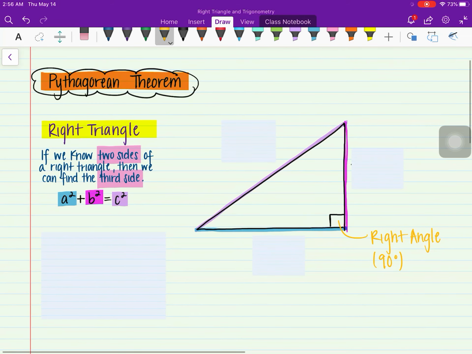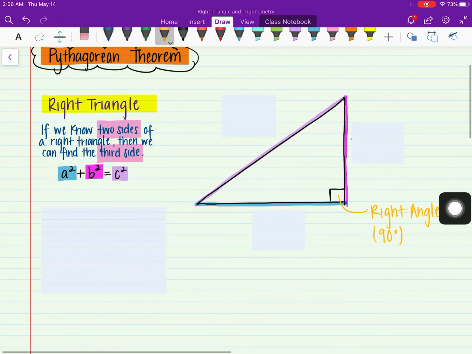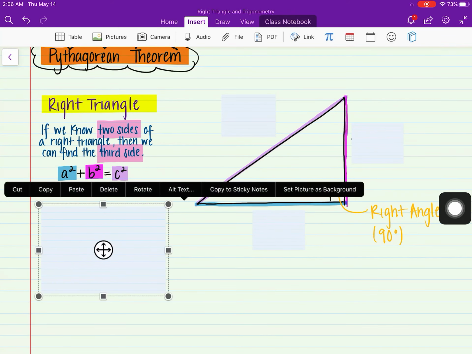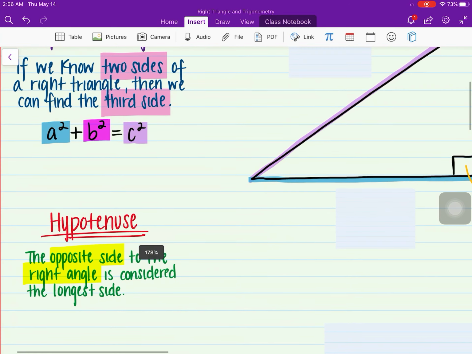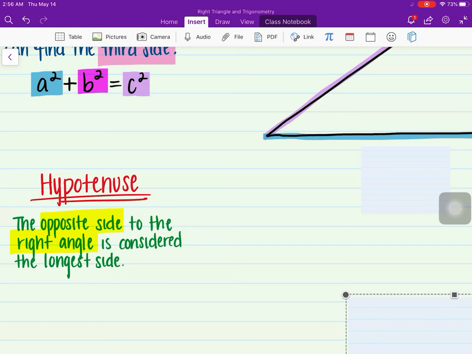Okay, so I do want to go ahead and specify the most important one out of all of these here would be C. Now, C is known as the hypotenuse. So let me go ahead and show you guys this here. So in this case, the hypotenuse, if we take a closer look at this, is basically the side opposite to the right angle.